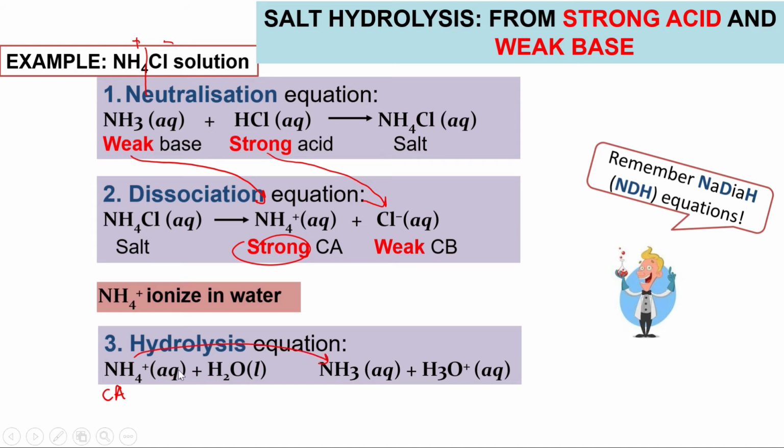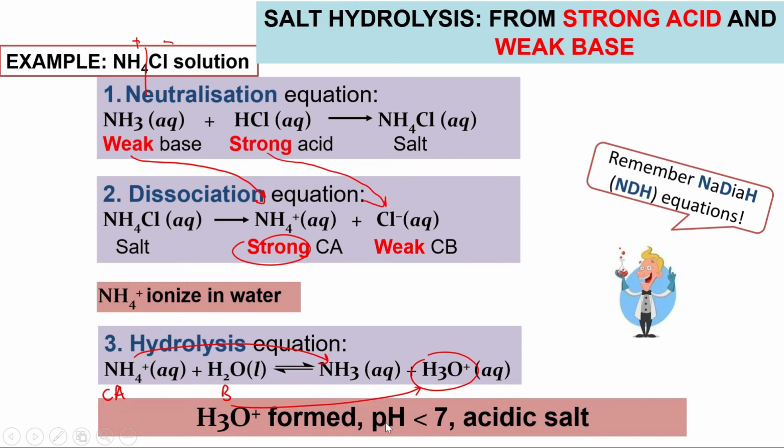Meanwhile, in this case, water reacts as a base, so it is going to accept the proton, forming H3O+. When the product of the hydrolysis reaction is H3O+, therefore pH is less than 7, so NH4Cl is an acidic salt.